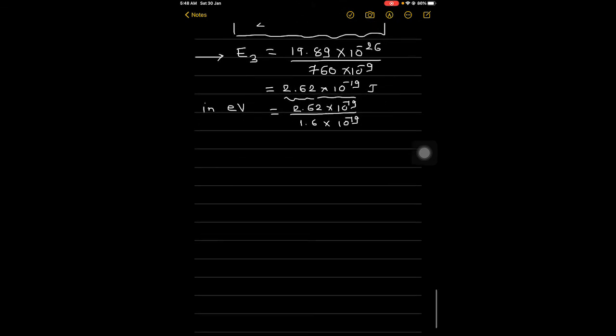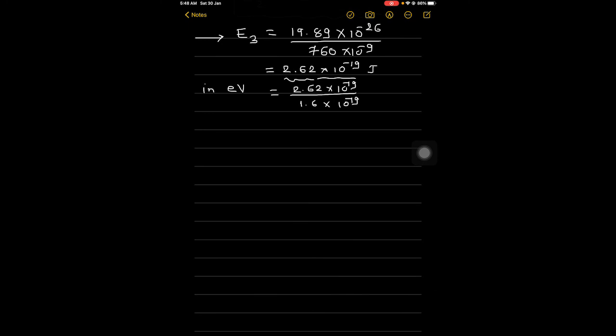So 2.62 divided by 1.6 comes out to be near 1.64 electron volt. So this is E3. Now these are the energies of the different colors in eV.